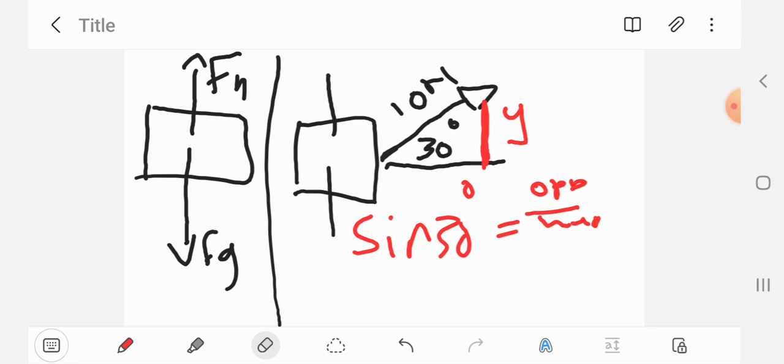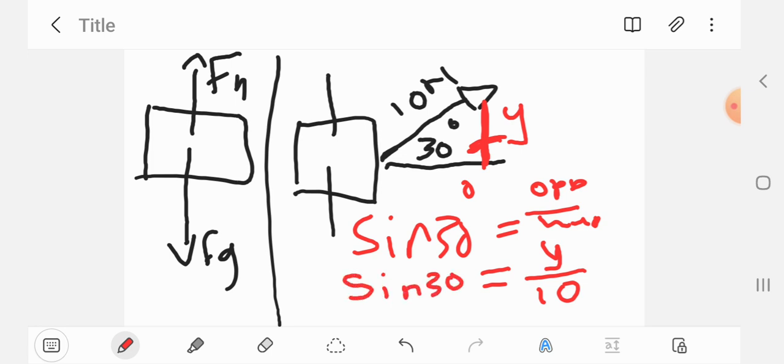So here we are going to get sine 30 is equal to y, which is opposite to this angle, and then the hypotenuse is the longest side, it's 10 newtons.